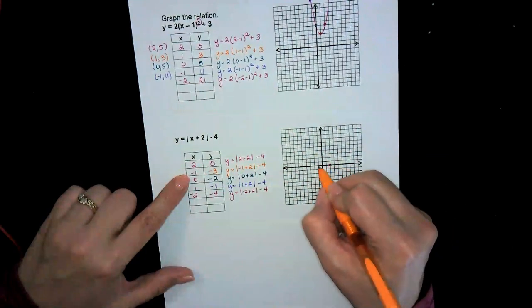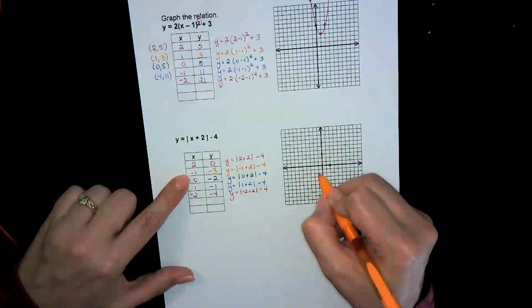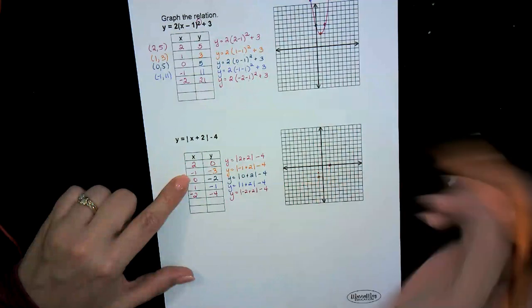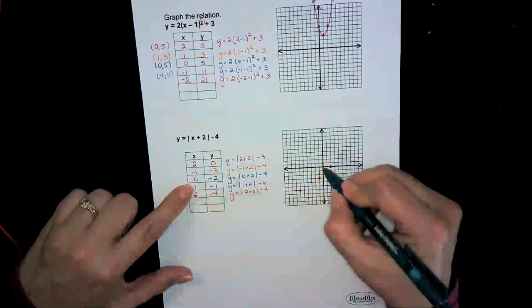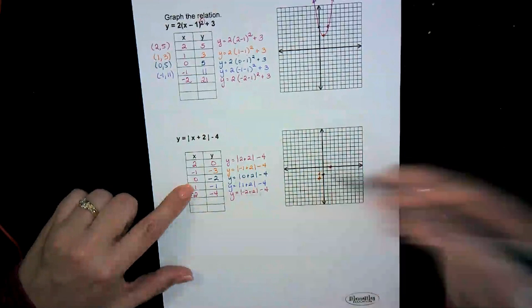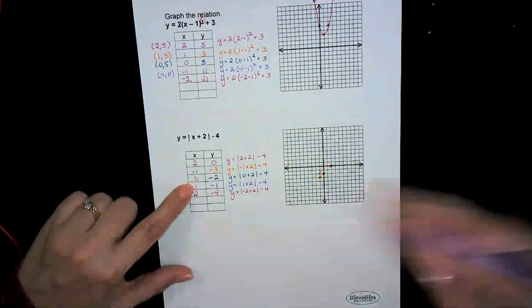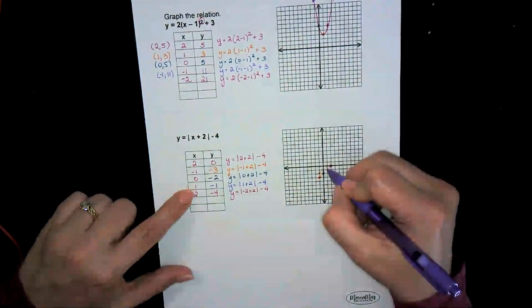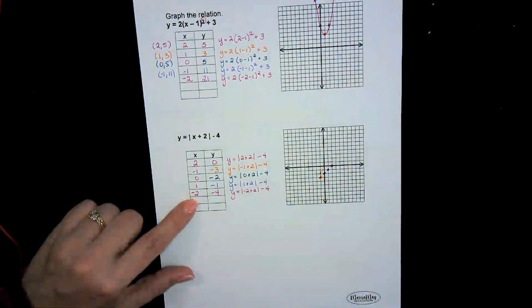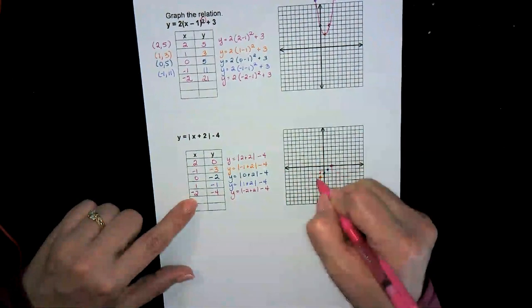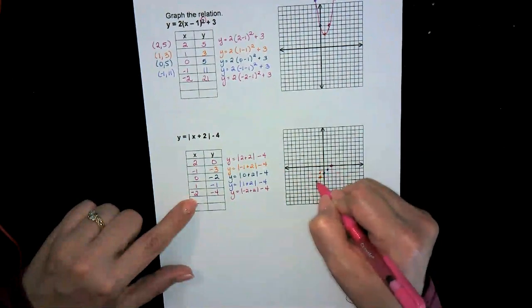So that'd be left 1, down 3. 1, 2, 3. Okay, then let's do (0, negative 2). (0, negative 2) would be here. And then (1, negative 1). There we go. And then (negative 2, negative 4) would be here.